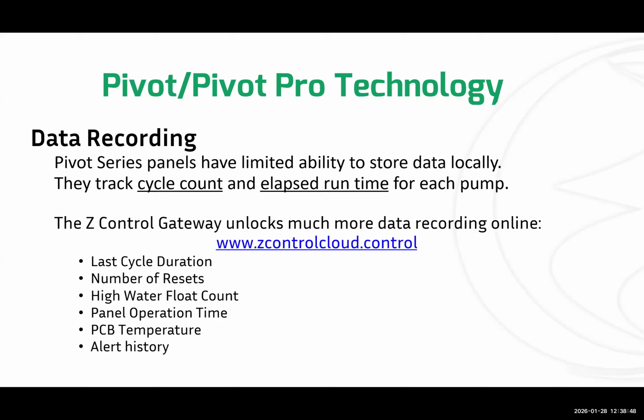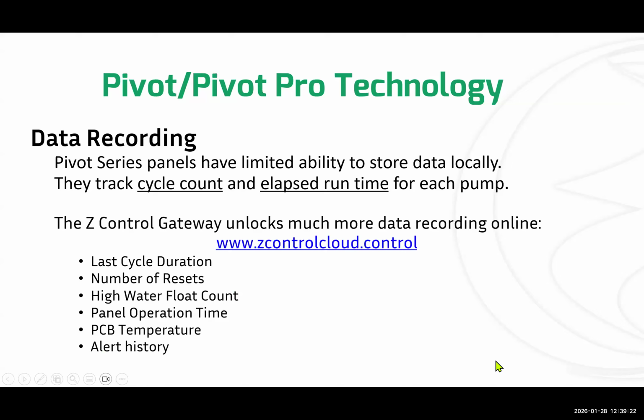So the cloud has effectively unlimited ability to store data. And so we store a lot of information there. So if you have your panel connected to the cloud, not only will you get notifications and have the ability to interact with that panel remotely, but you'll also be able to see things like the duration of the last cycle, how many times it's been reset, how many high water float counts have occurred, how long the panel's been in operation, what's the current temperature of the circuit board, and any alert history, which is really, really nice to see.